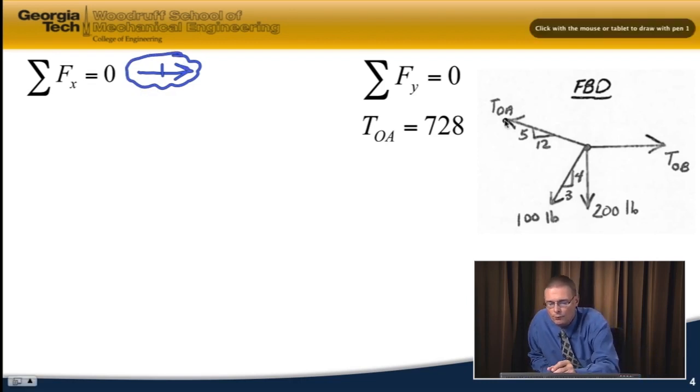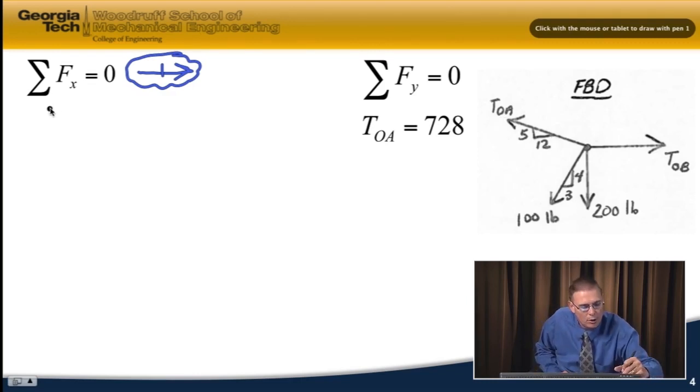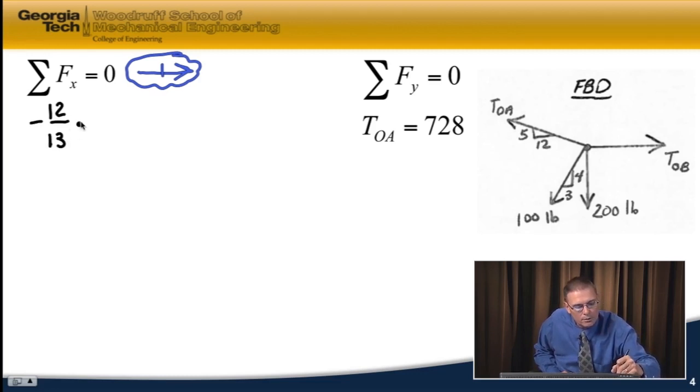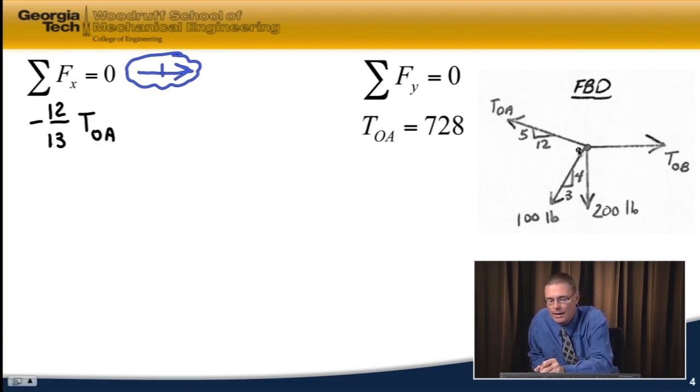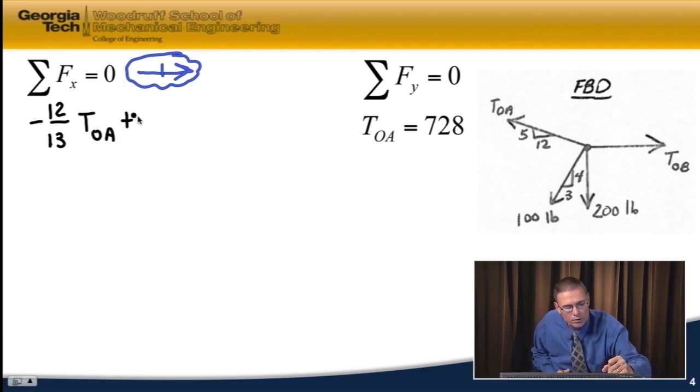And first I have TOA. It's pulling to the left. Its x component is the 12/13 component of TOA, so that's minus 12/13 TOA. And then I have TOB to the right, so that's positive according to my sign convention. It's all to the right, so it's just plus TOB.